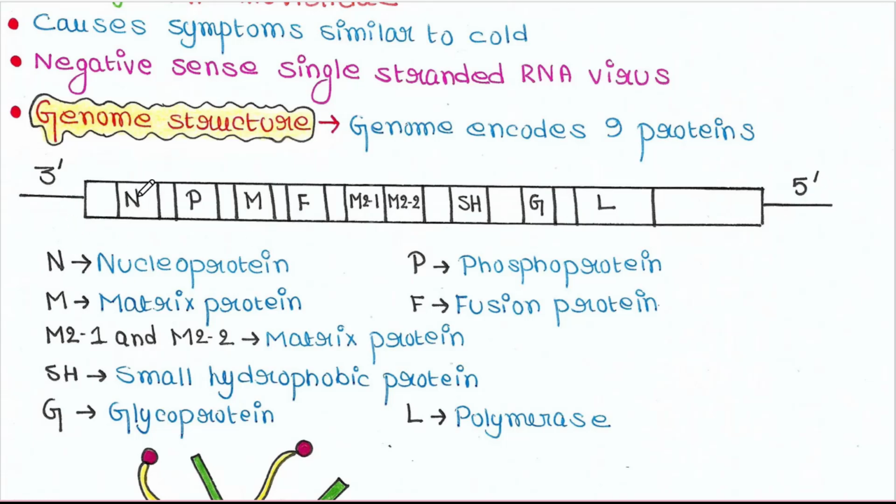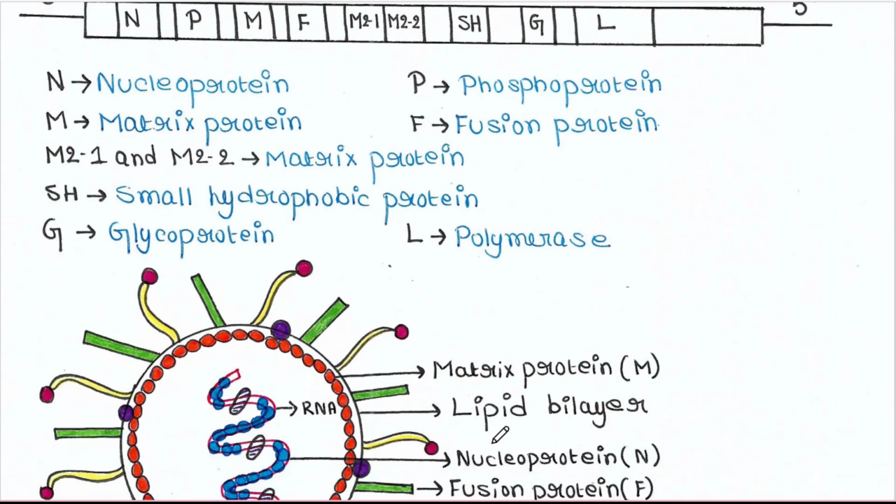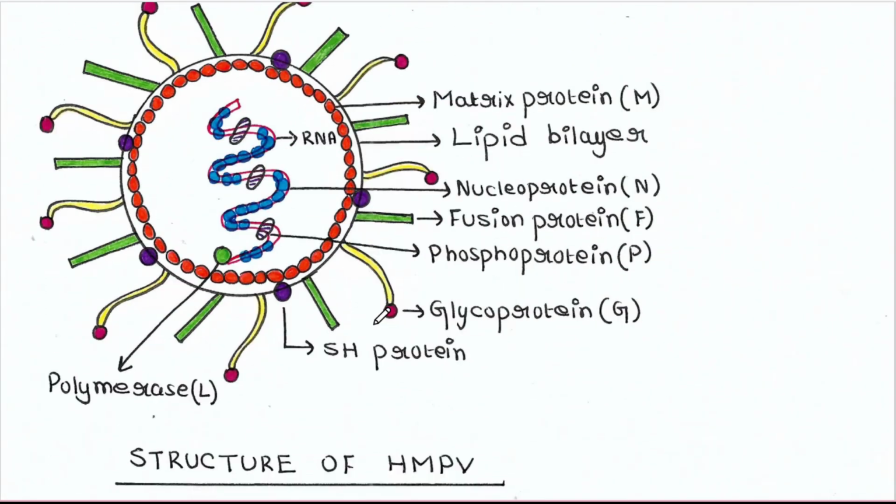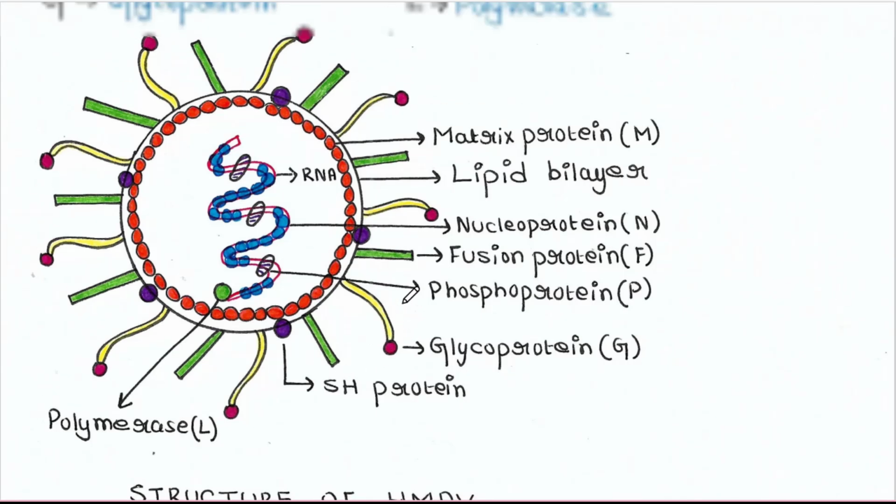So N is for nucleoprotein, P is for phosphoprotein, M is for matrix protein, F is for fusion protein, M2-1 and M2-2 are also matrix-associated proteins, SH is for small hydrophobic protein, G is for glycoprotein and L is for polymerase. And this is the main structure of HMPV.